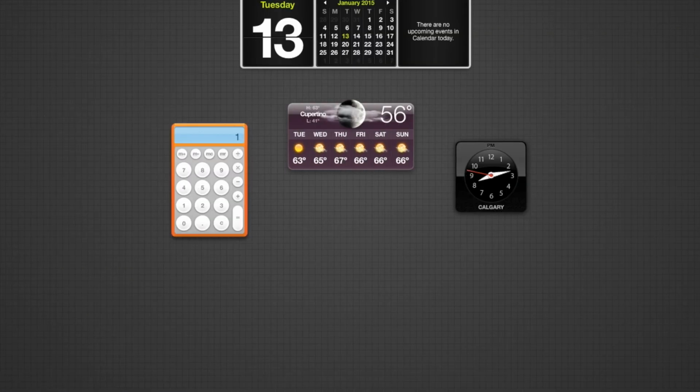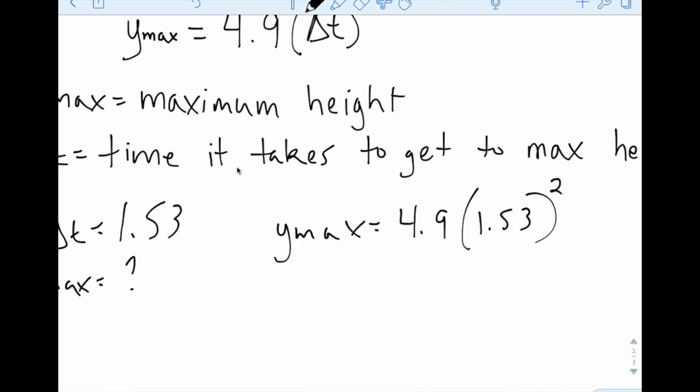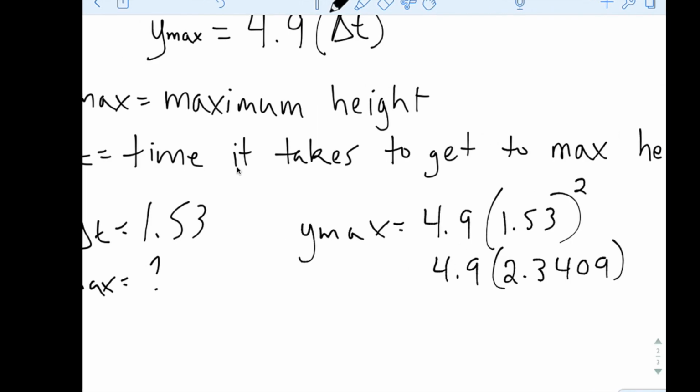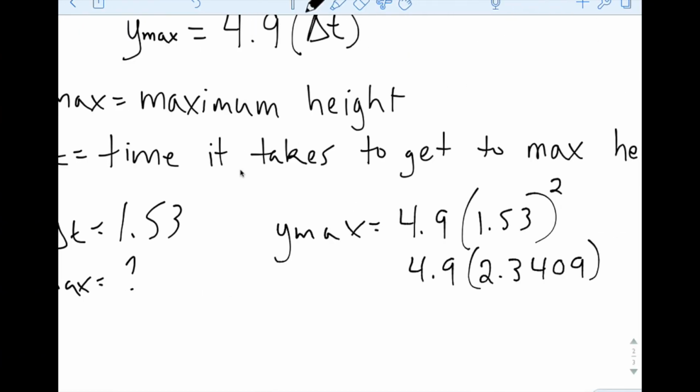All right, so I'm going to do 1.53 times 1.53, 2.34. Now let's go back and multiply that times 4.9, and 11.47 is what I want to get, okay?